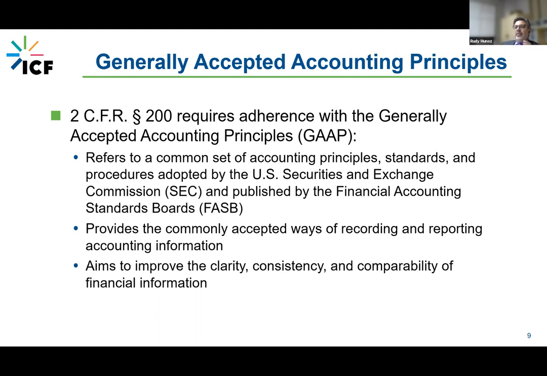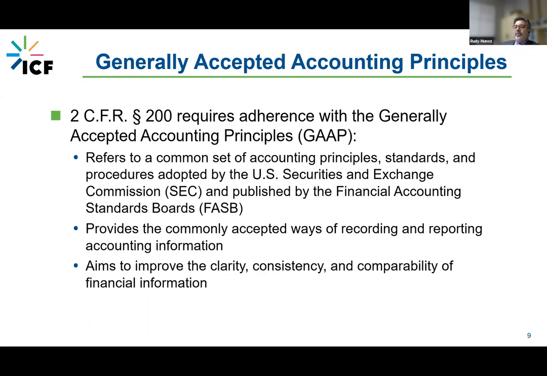The GAAP refers to a common set of accounting principles, accounting standards and procedures that have been adopted by the U.S. Securities and Exchange Commission, or the SEC, and are published by the Financial Accounting Standards Board.